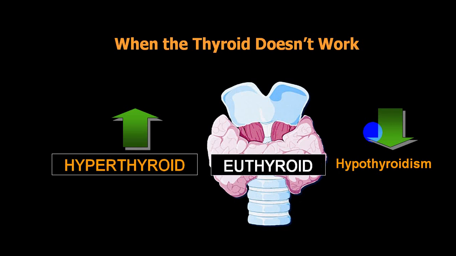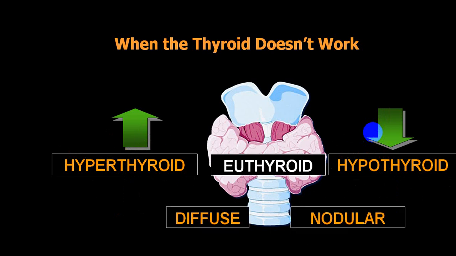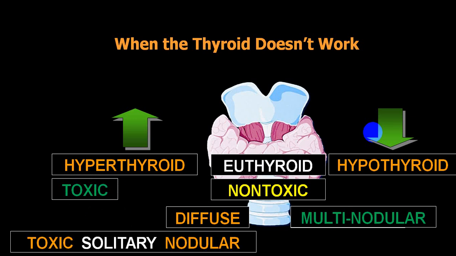Whenever there is a thyroid goiter, you can have hyperthyroid, euthyroid, or hypothyroid. You can have a diffuse goiter or a nodular goiter, which can be solitary or multinodular. It can be non-toxic, it can be toxic. When it is toxic and single nodule, we call toxic solitary nodule.